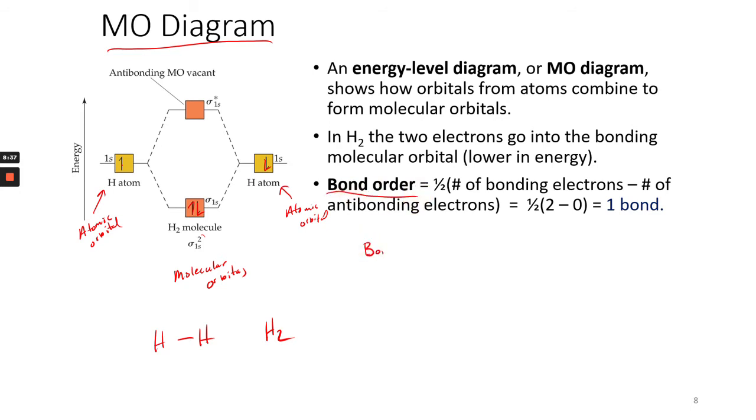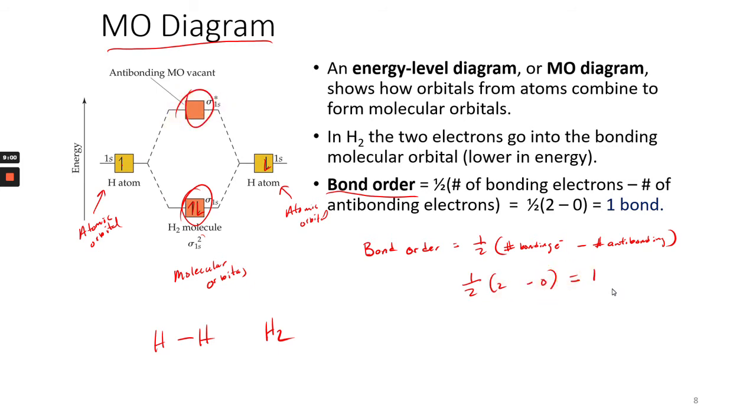Your bond order is just 1/2 the number of bonding electrons minus the number of antibonding. So here you have 2 bonding, so it's 1/2 times 2 minus, there's 0 in there.